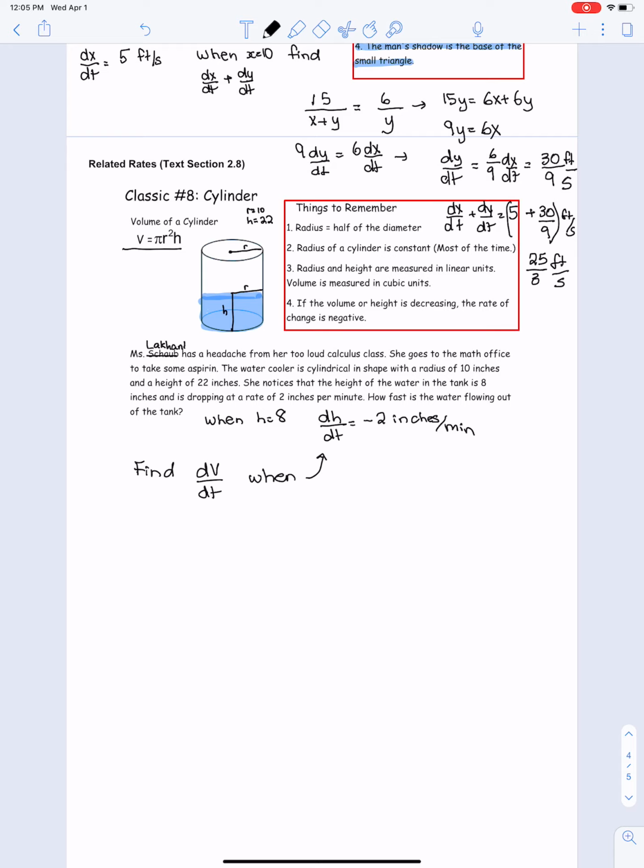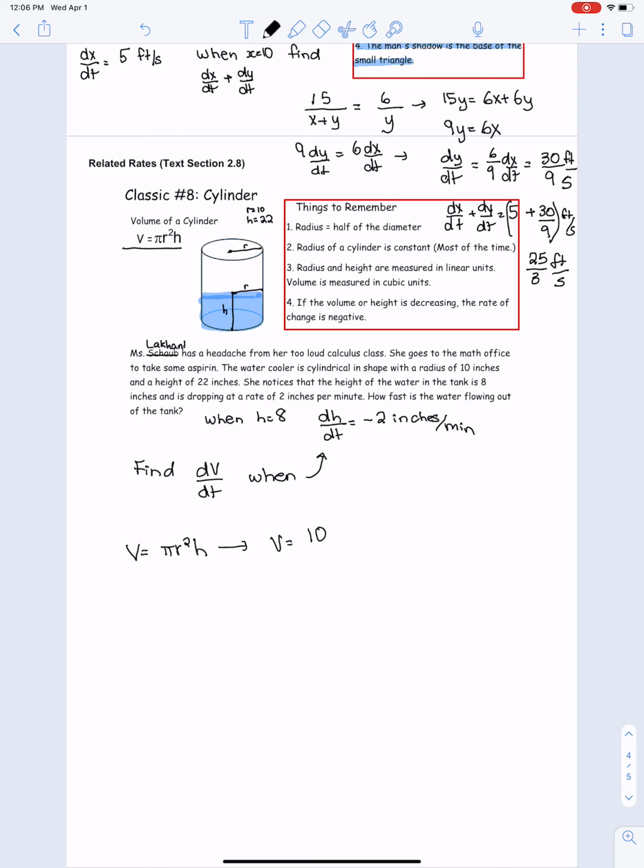So let's take our equation. Volume is equal to pi r squared h. Now one thing you'll notice is that the radius of the water level is the same as the radius of the cylinder, and no matter when the water level is dropping, the radius stays identical. So I can take my radius and just sub it in because it doesn't change with respect to time.